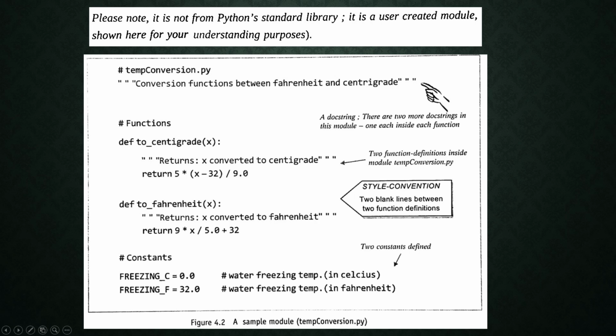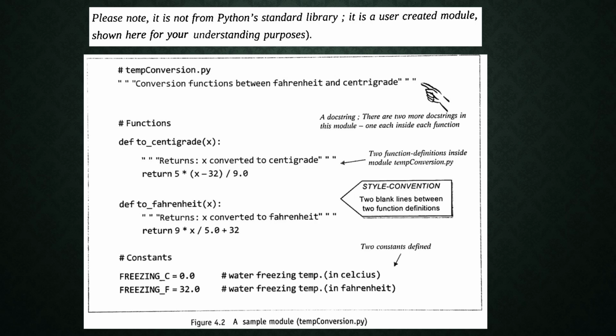Some constants you are also going to specify. Freezing temperature in centigrade is 0.0. In Fahrenheit it is 32.0. After creating this module temp conversion.py, we can make use of two functions, to centigrade x and to Fahrenheit x, in our program.